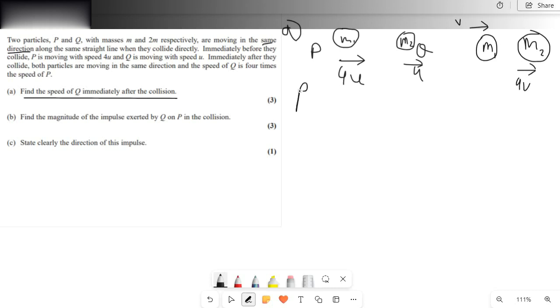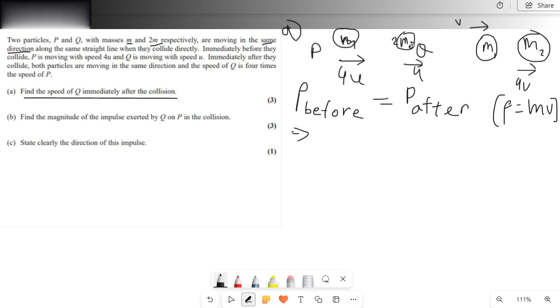Now we can use the principle of conservation of momentum and say the momentum before collision is equal to momentum after collision. We can write that in this form: P before is equal to P after. Applying the formula, momentum P is equal to mv, mass into velocity. So we have 4u multiplied with m here, and as we know the mass of P is m, we can simply write that as m instead of m1, and Q is 2m, so we can write 2m instead of m2.